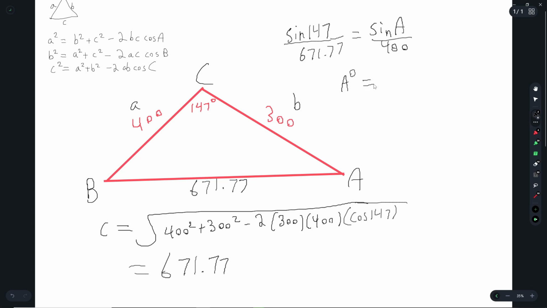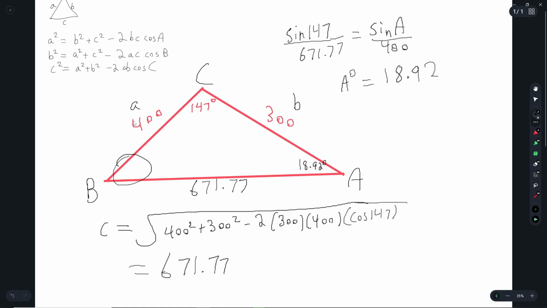So sine 147 over 671.77 equals sine of A over 400. So our angle will equal 18.92. So this is 18.92.